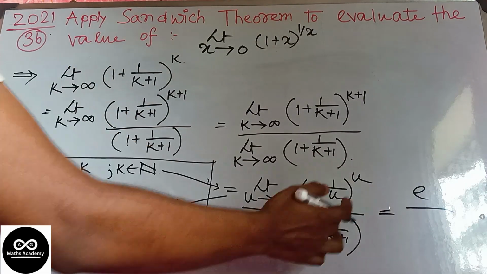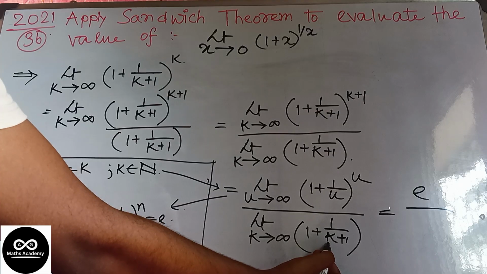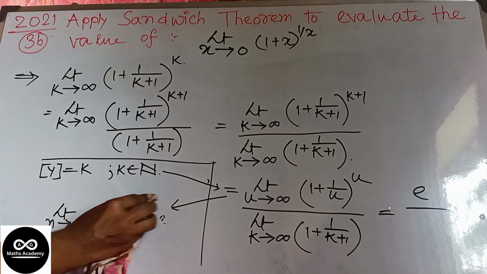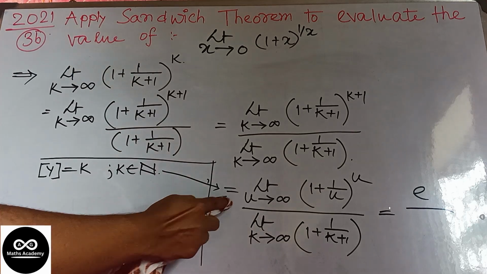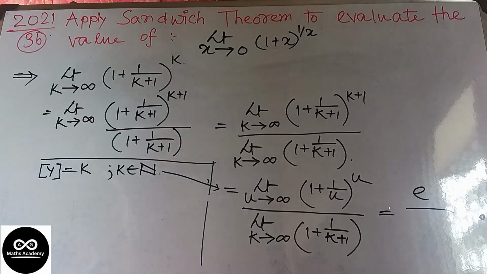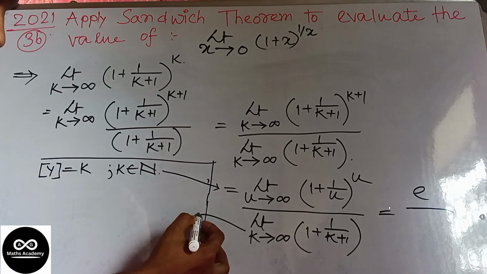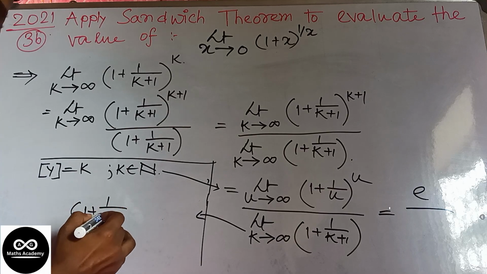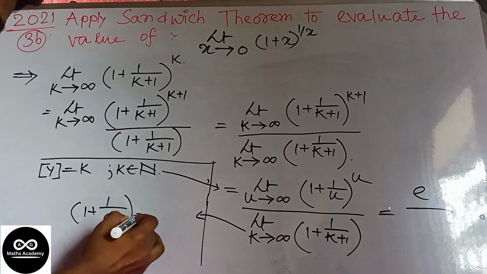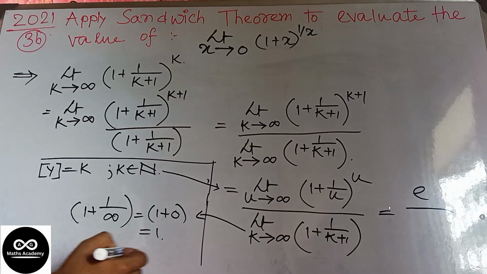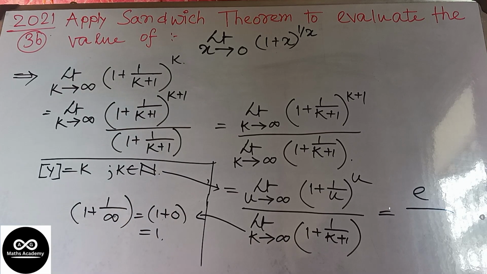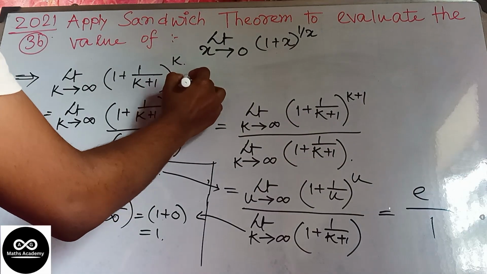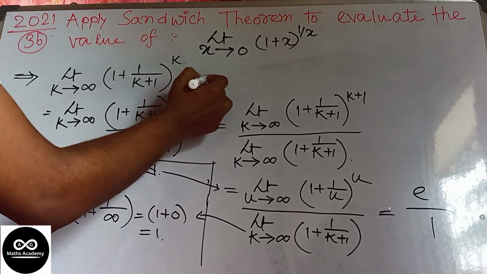And if we put k equals infinity in the denominator, this will be 1 plus 0, which is 1. So this will be 1, and this limit will equal e.